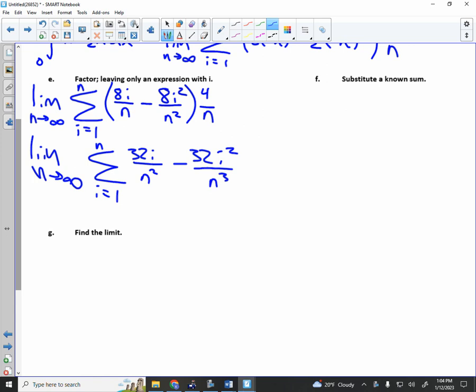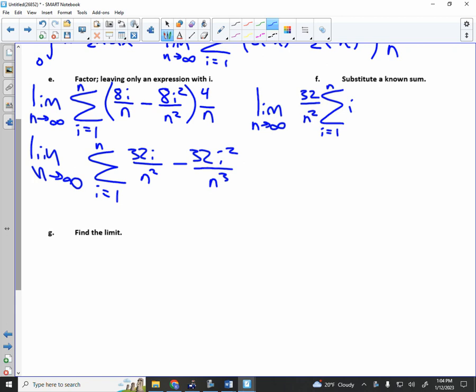Now your thought is, what do we do? We've got two different things, right? No big deal. We just write two different sums. Limit as n goes to infinity. And what part do I pull out of here? Yep, so we have 32 over n squared times the sum from i equals 1 to n, and what remains is just i.